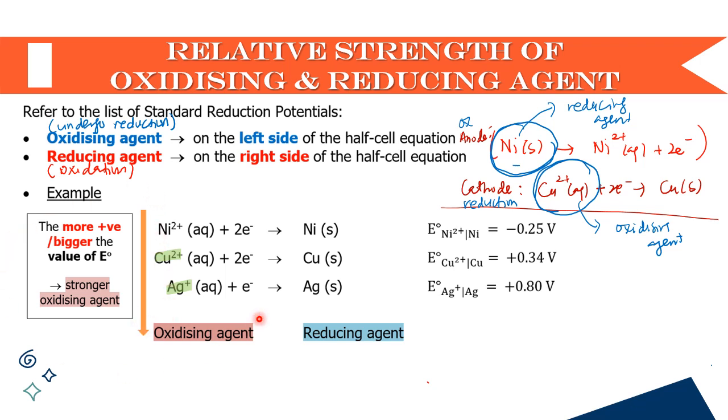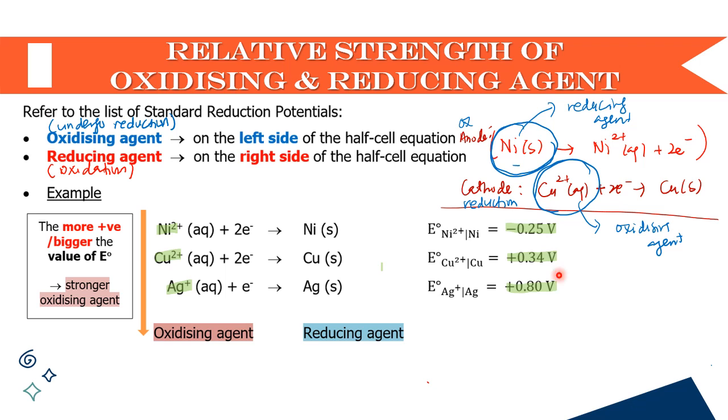So follow the arrow that I have in this video. Going down over here, the more positive or bigger the value of the E naught, the stronger the oxidizing agent. So we're going to refer to the value of the E naught over here: negative 0.25, positive 0.34 and positive 0.80.